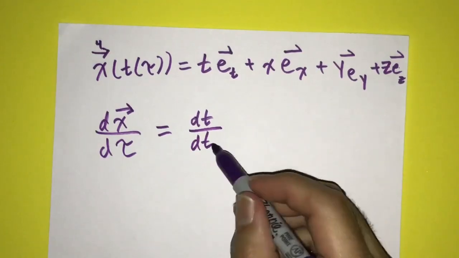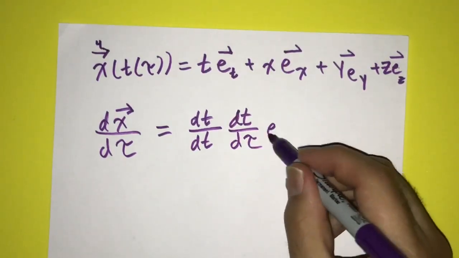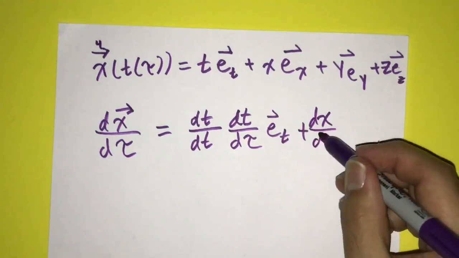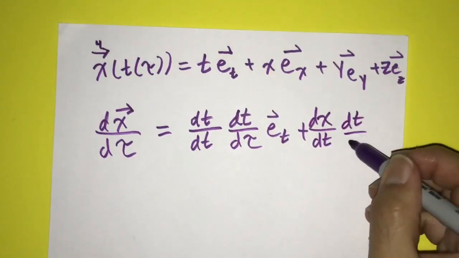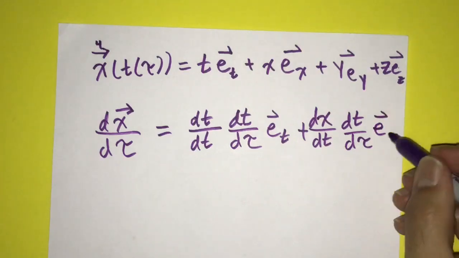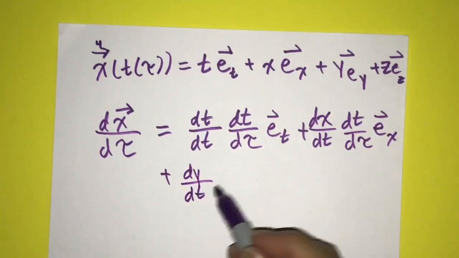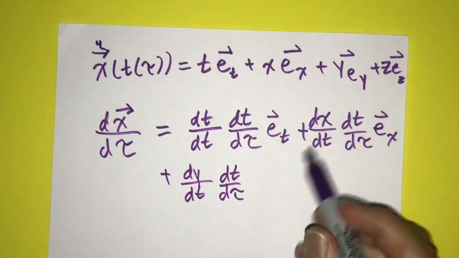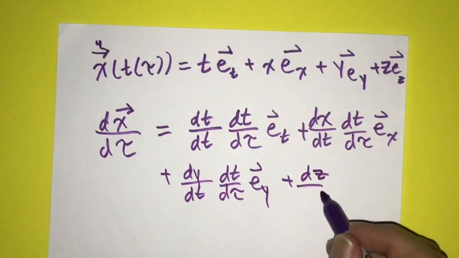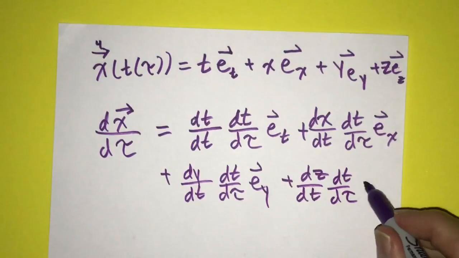We get dt/dt times dt/d tau in the time direction basis, and similarly dx/dt times dt/d tau in the direction of the x basis, and we do the same thing in y: dy/dt times dt/d tau times our basis in the y direction, plus dz/dt times dt/d tau times our basis in the z direction.